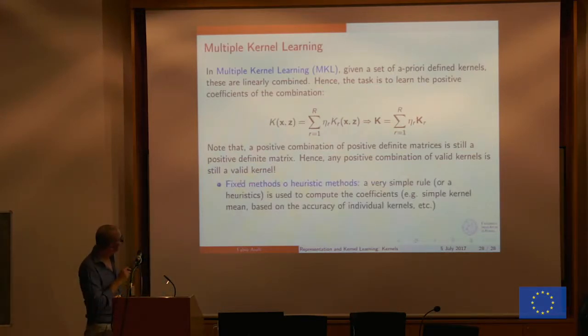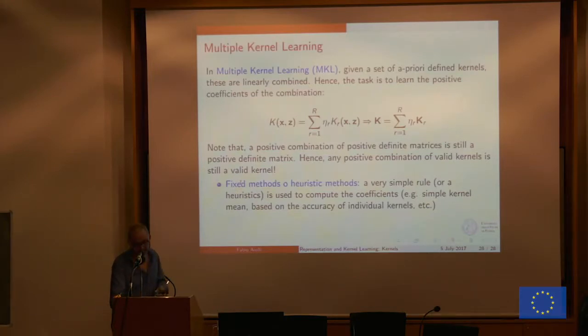The simplest ones are fixed methods, for example, just taking the average of the kernels. This is a very naive way. Or maybe choose these weights based on the accuracy of, for example, the SVM when used with that individual kernel, and so on.